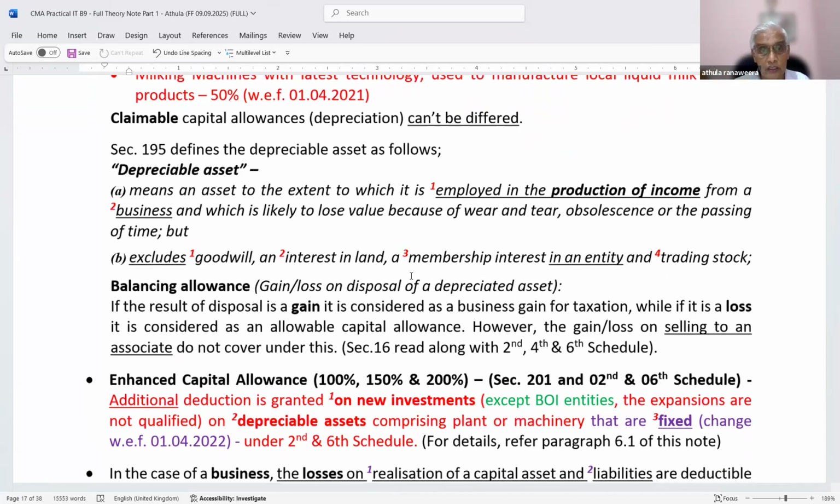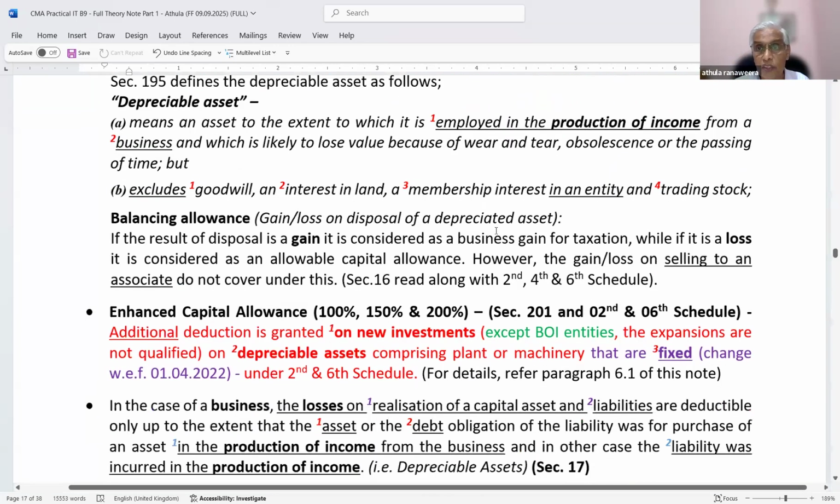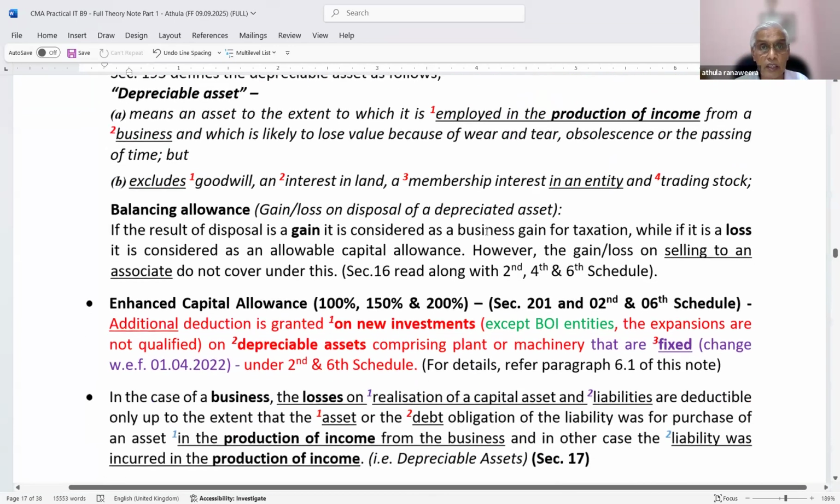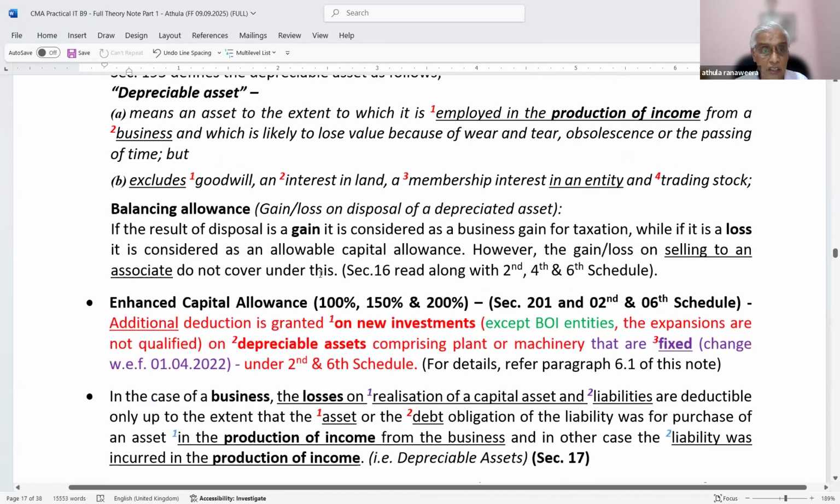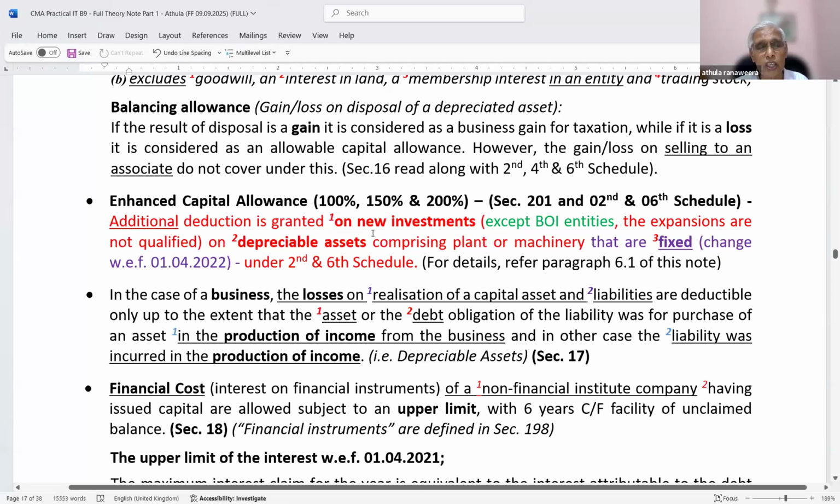Then the depreciable asset definition we also covered. It is explained in section 195. Then, in addition to the normal depreciation, under the 2nd schedule and 6th schedule, there are enhanced capital allowances.